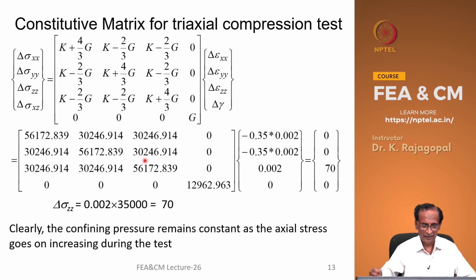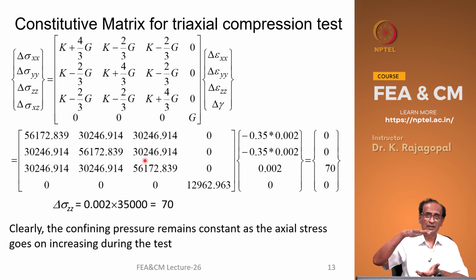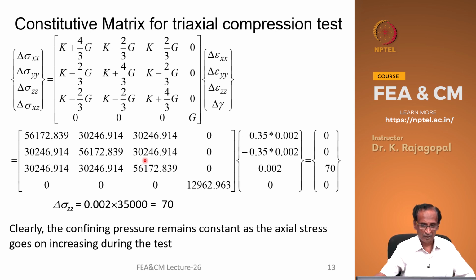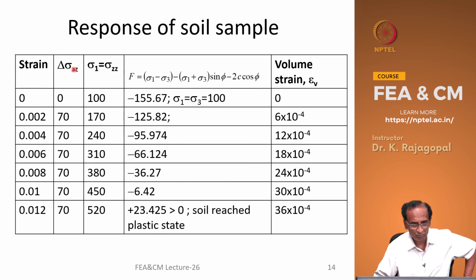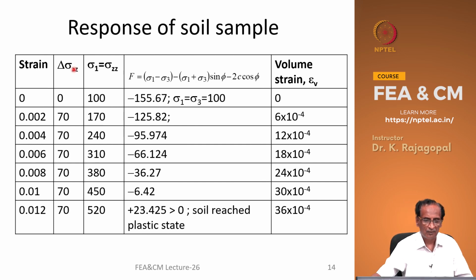So, we see that as we are applying the axial compression during the second phase of the test, our confining pressure remains constant. Now let us do some calculations. Initially, our sigma 1 and sigma 3 are the same, 100, and F is minus 155, and the volumetric strain is 0, that is the start.